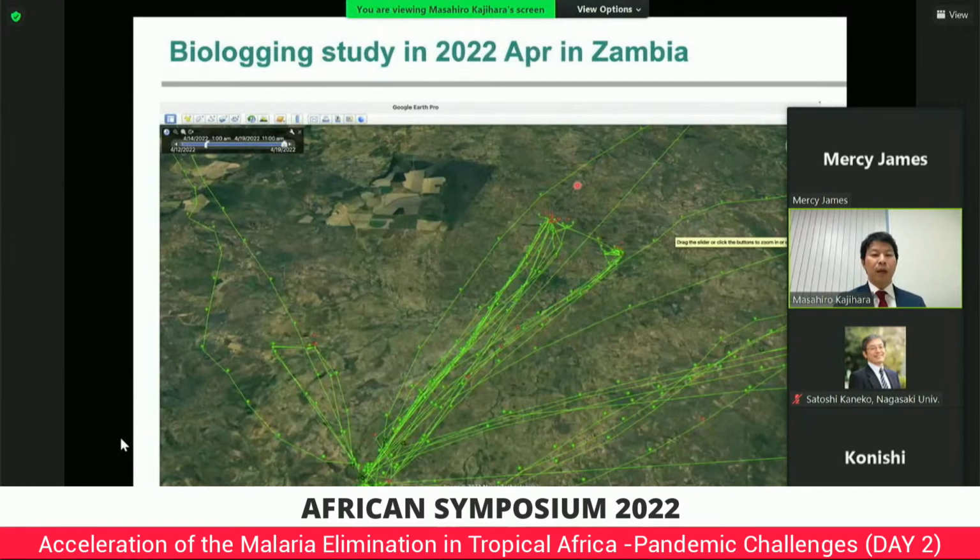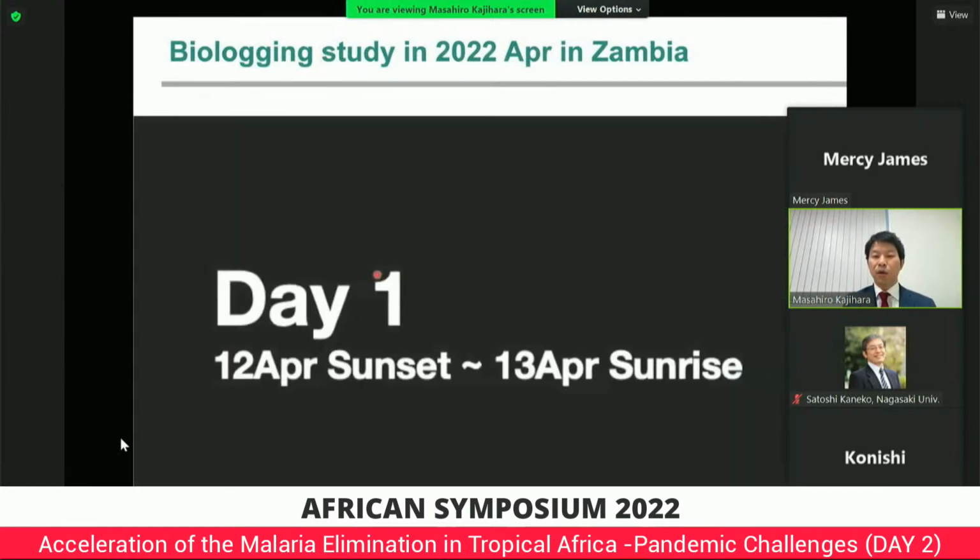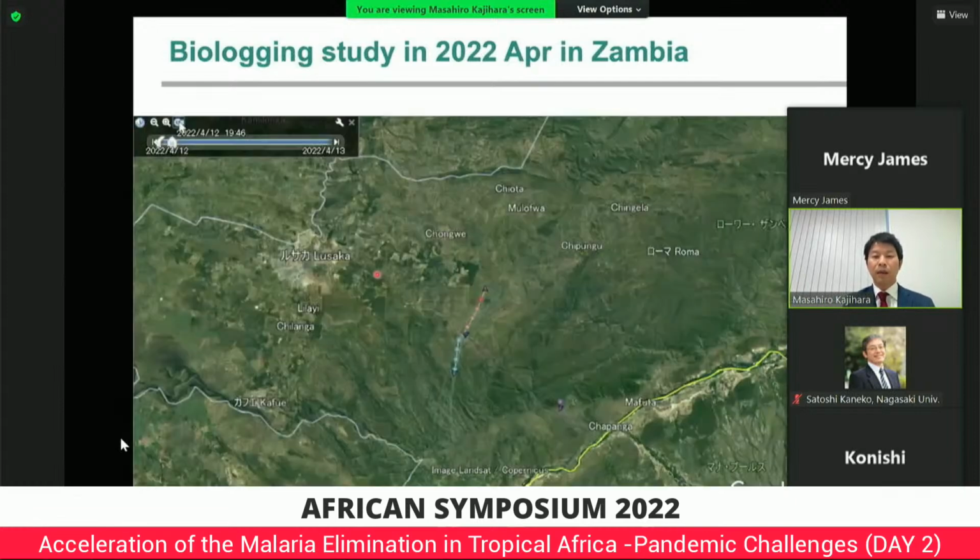To better understand the data of the bat movements, each triangle indicates each bat tagged with a logger. This data is the GPS position every 5 minutes from sunset to sunrise.